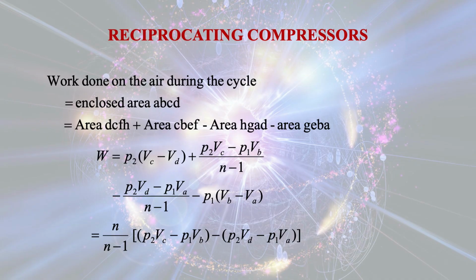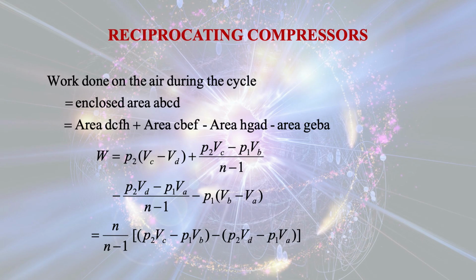Work done on the air during the cycle is equal to enclosed area ABCD, that is equal to area DCFH plus area CBEF minus area HGAD minus area GEBA.